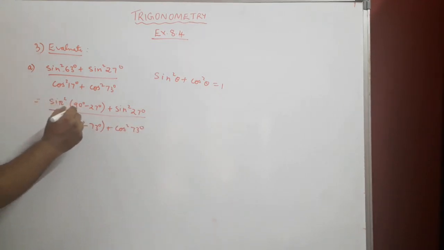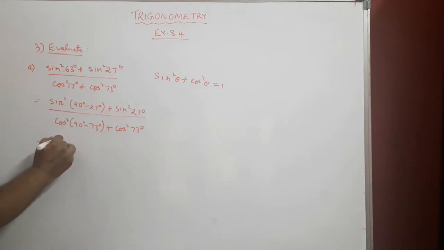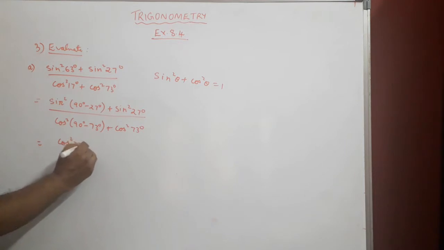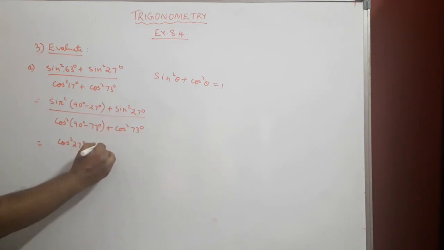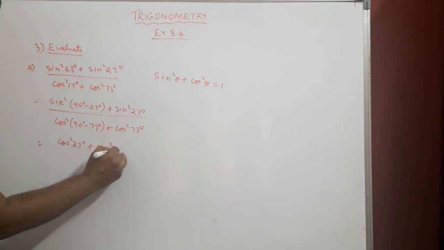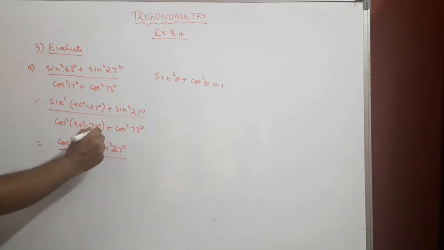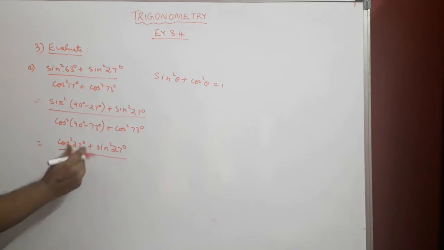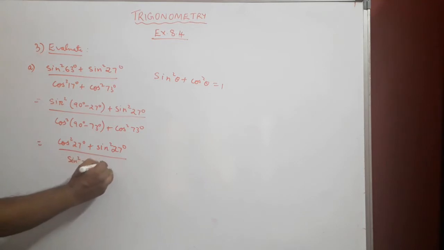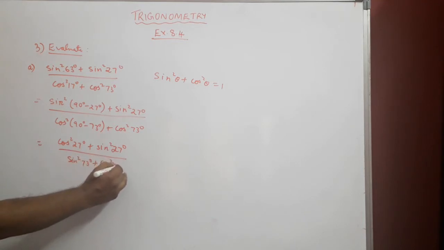Sine square of 90 degrees minus 27 degrees can be written, as complementary, cos square 27 degrees, and sine square 27 degrees will be the way it is. And cos square of 90 degrees minus 73 degrees will become, the complementary is sine square 73 degrees, and this will be cos square 73 degrees.